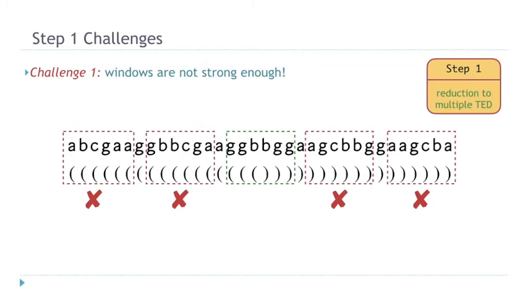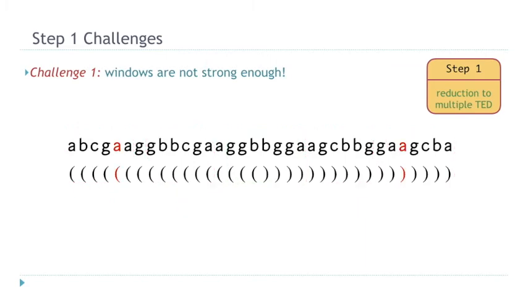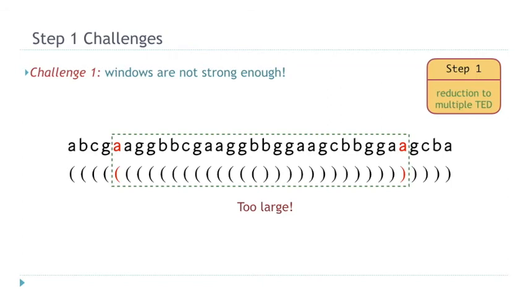The way we make the windows, except for the middle window, all the other windows would have either only opening parentheses or only closing parentheses, which makes them pretty much meaningless. If we don't want this, then we have to introduce large windows. For example, for the red parentheses, we need a large window that contains both of them. But that kills the whole idea of reducing the problem to smaller windows.